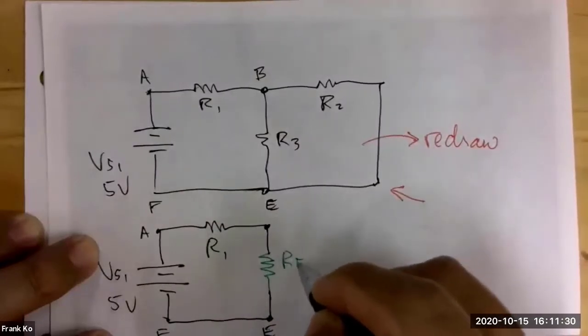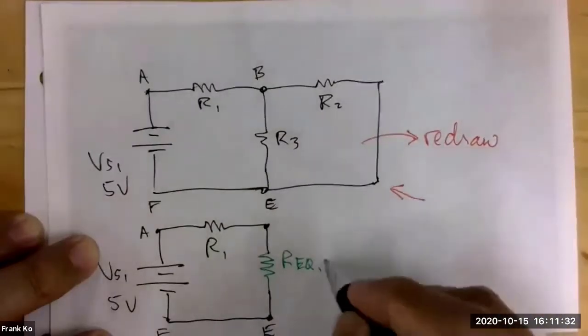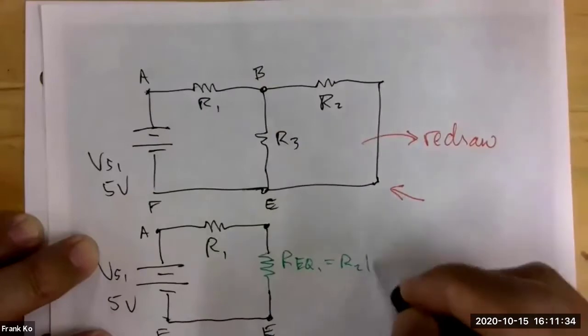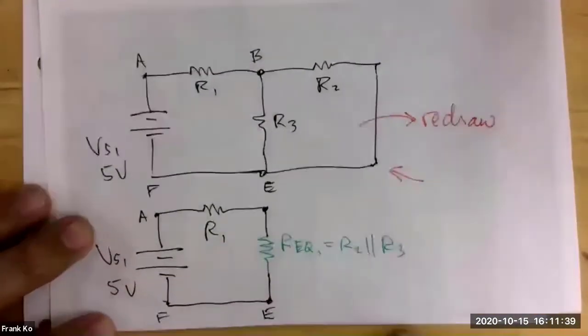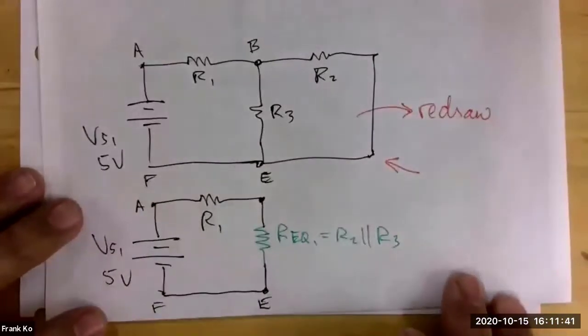This would have been called REQ1, and this would have been equal to R2 parallel with R3. And then you go about your merry way of solving this, as we've done several times already.